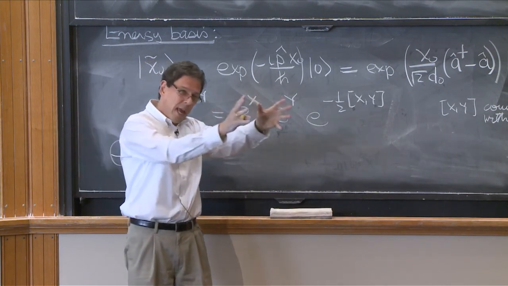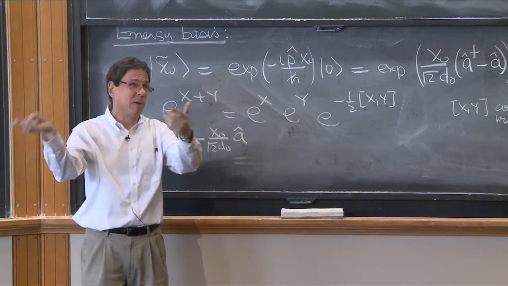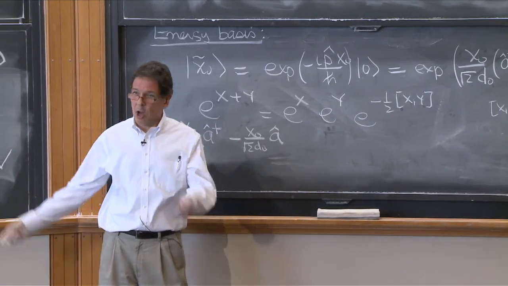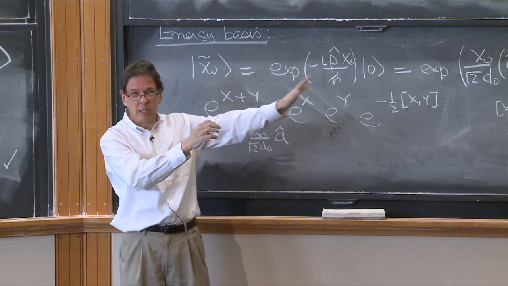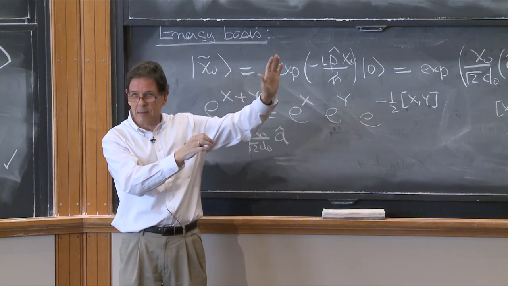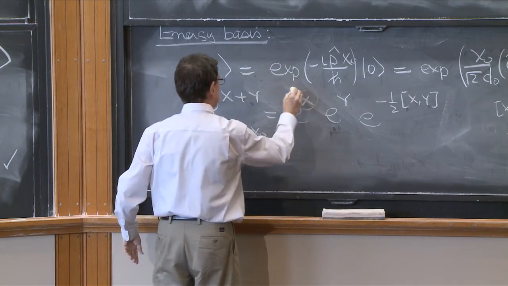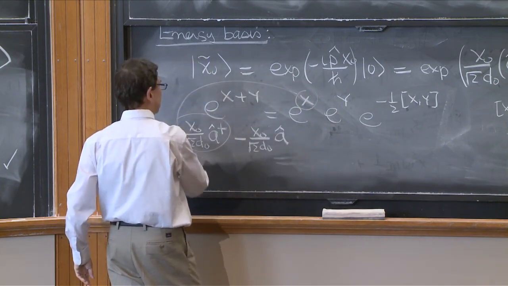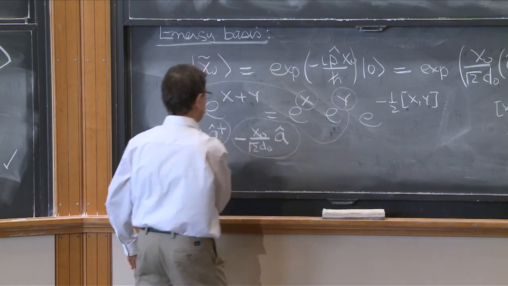Because if you have creators close to the vacuum, they create a state, but then you have the annihilators and you have to start working them out. On the other hand, if the annihilators are close to the vacuum, they just kill the vacuum and you can forget them. So it's very important that you identify x with this and y with this whole thing.